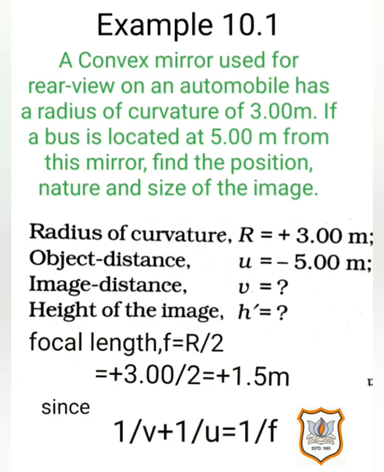Now let us find the focal length. We know that it is the distance between the pole and the principal focus, denoted by small f, and it is half of the radius. So f is equal to r upon 2, that is 3.00 upon 2, which is equal to plus 1.5 meters. And our formula is 1 upon v plus 1 upon u is equal to 1 upon f.